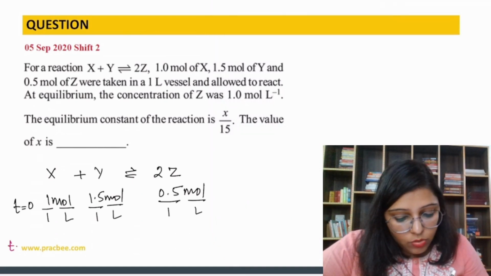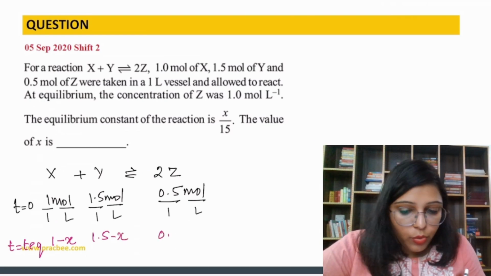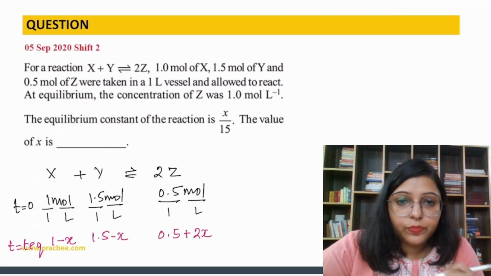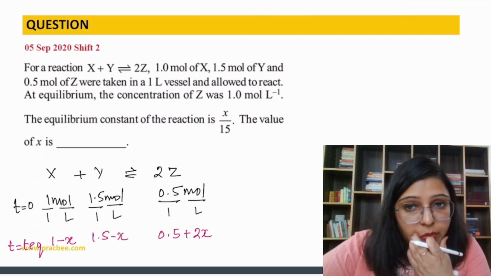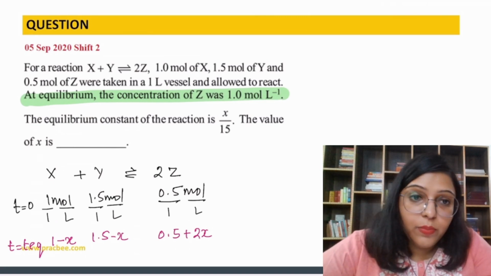Now at t equal to t equilibrium, what do we write? 1 minus X, 1.5 minus X, and 0.5 plus 2X. Next information: at equilibrium, the concentration of Z was 1 mole per liter.